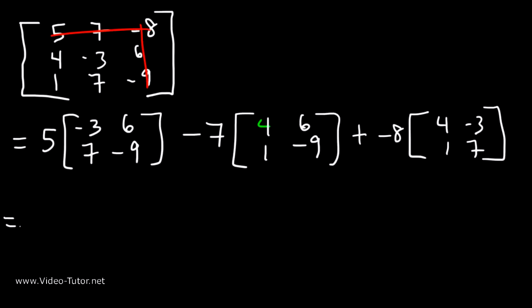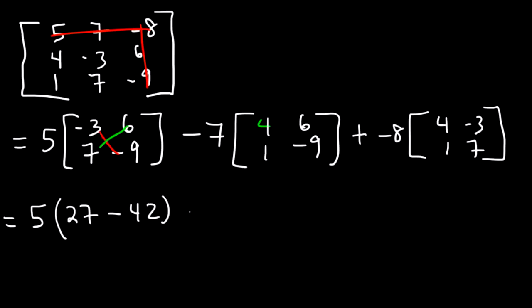Now let's go ahead and evaluate the 2x2 matrices. So first we have negative 3 times negative 9, which is positive 27, and then minus 7 times 6, which is 42. And then it's going to be negative 7 times 4 times negative 9, that's negative 36, minus 6 times 1, which is 6.